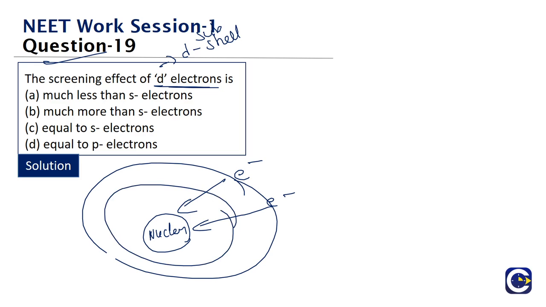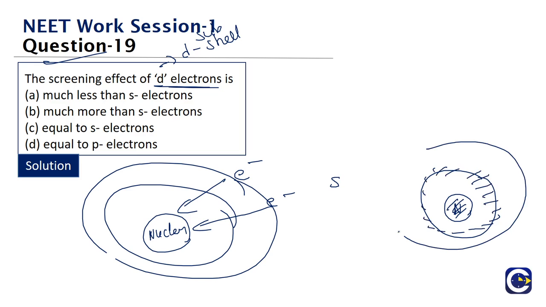Okay. So if you look at the shielding effect order, S orbital or S subshell electrons, because of their distribution, what is it? In an S subshell, if you have a nucleus, S subshell will be symmetrically distributed around the nucleus. So it will be able to screen. The screening effect of the S subshell will be more prominent, because it is symmetrically distributed.